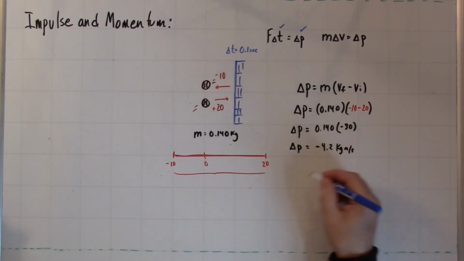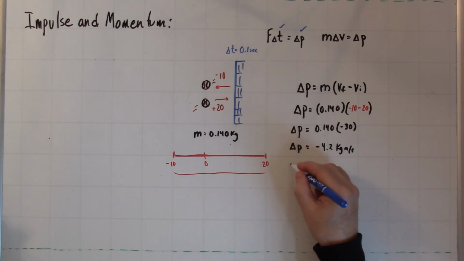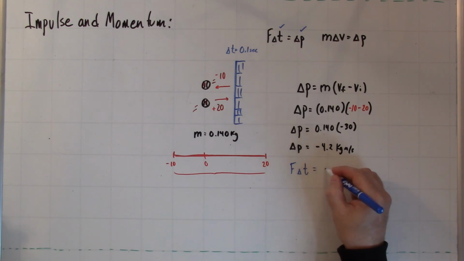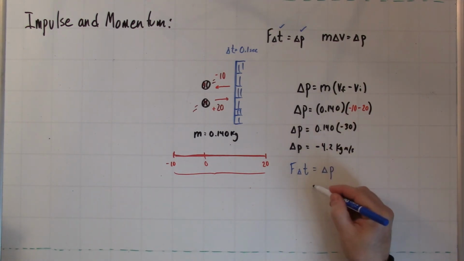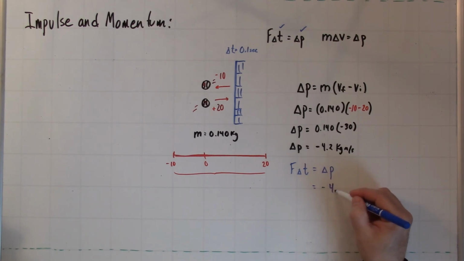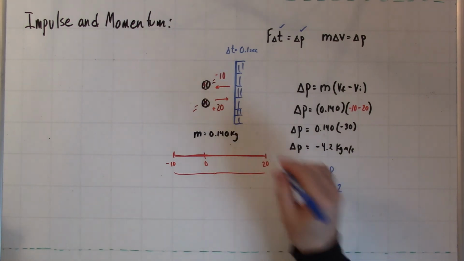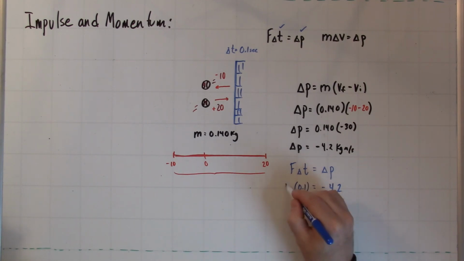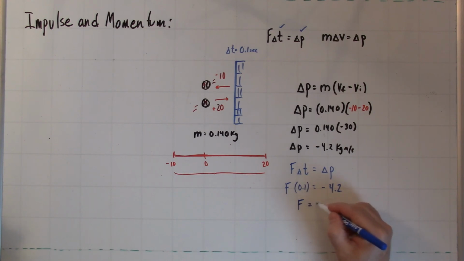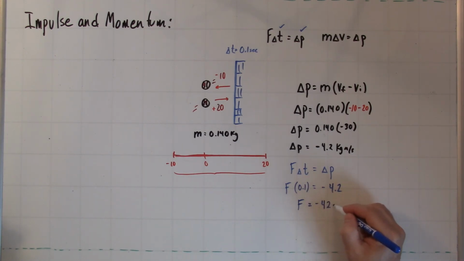No problem. I can go back to this equation and say that the force times the time that the force is applied is equal to the change in momentum. We know the change in momentum is negative 4.2. I told you a moment ago the time was 0.1. I can calculate the force directly. Force is equal to negative 42 newtons.